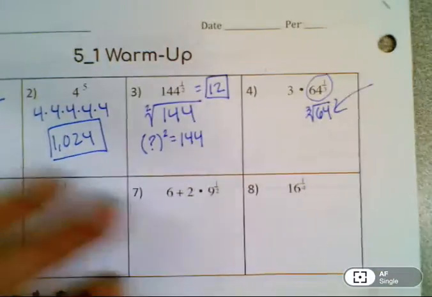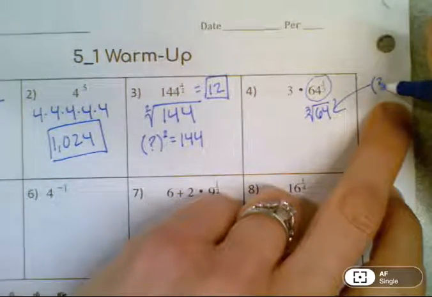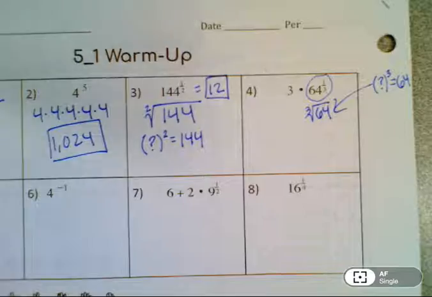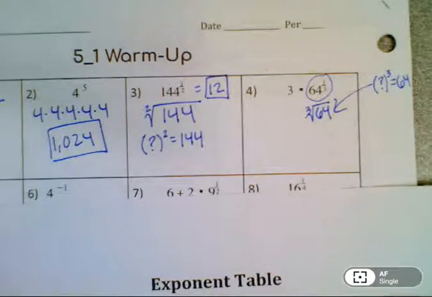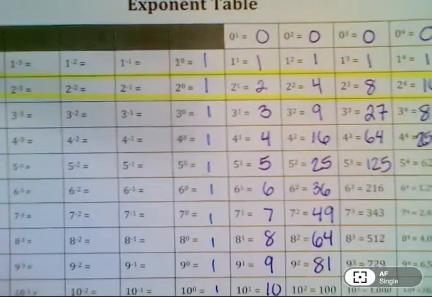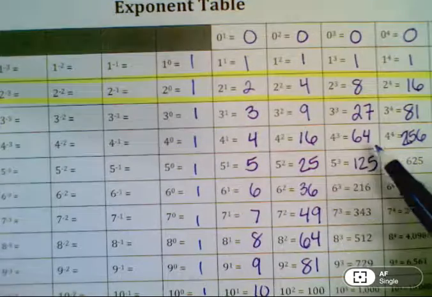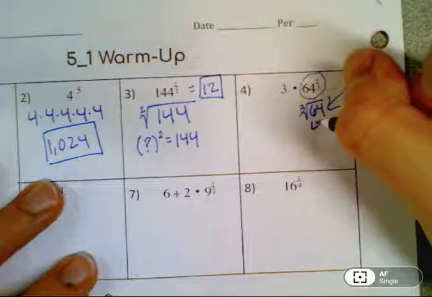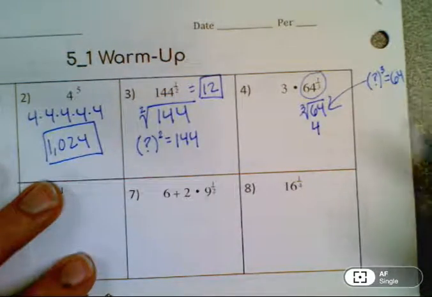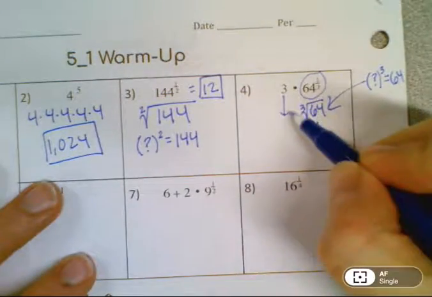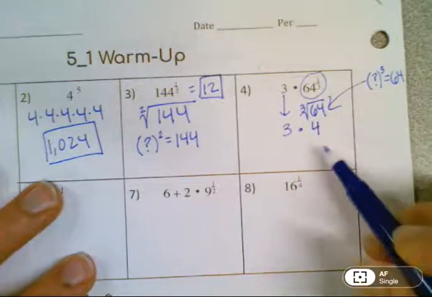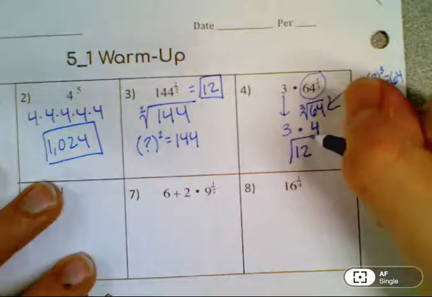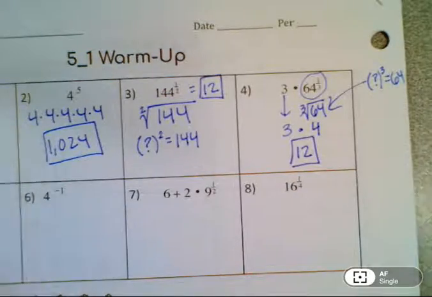That means what number to the third power equals 64. I'm just going to go to my chart and look that up. And it's right here. 4 to the third power is 64, which means this entire thing is 4. The 3 drops down, the times drops down, so we did the exponents. Now we're down to just multiplication. So the answer here is 12.